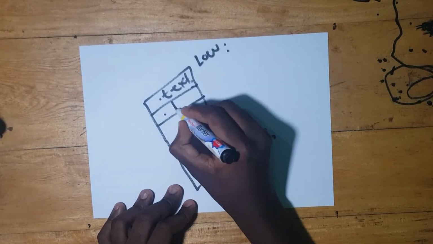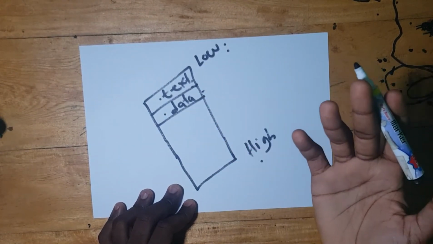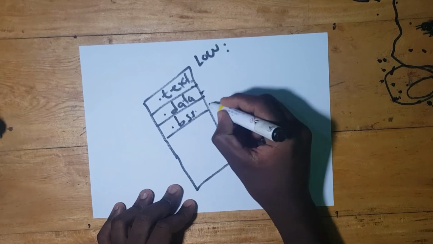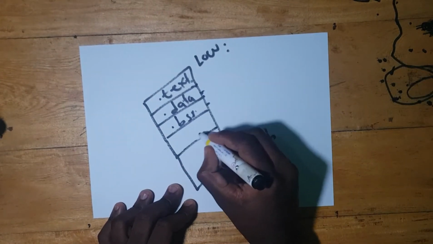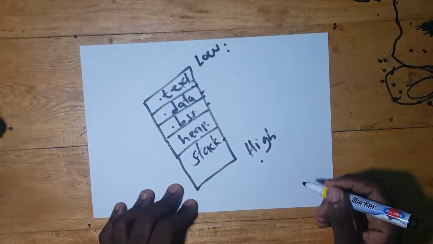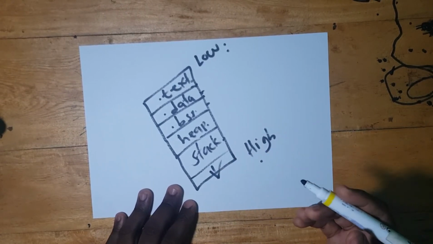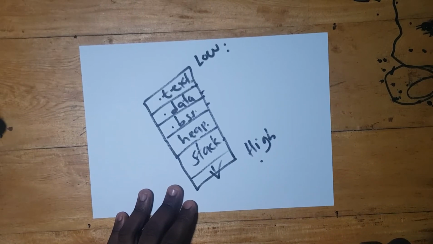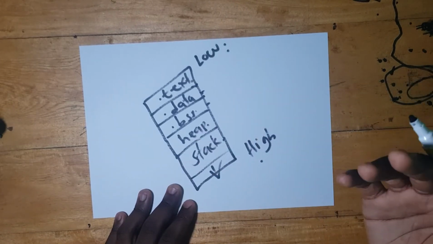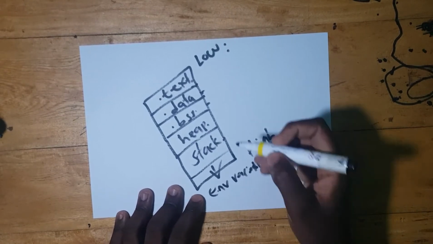The next subsection is going to be the .data subsection, and this is going to hold all the initialized data of the program, followed by the .bss section that is going to hold uninitialized data, and then the heap is going to be initialized, and the stack is also going to be created, right? And towards the higher memory addresses of this space, other essential things that are necessary for the smooth execution of the program, things like environment variables, are going to be held downwards.